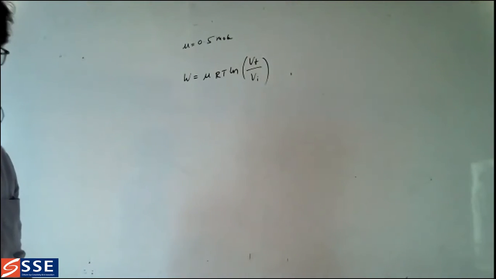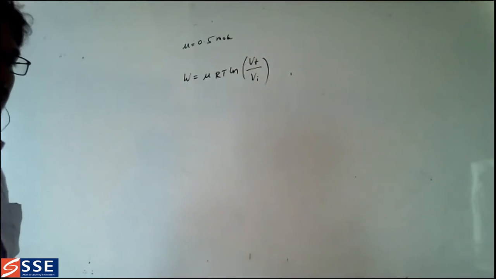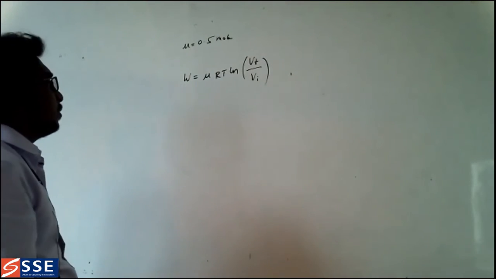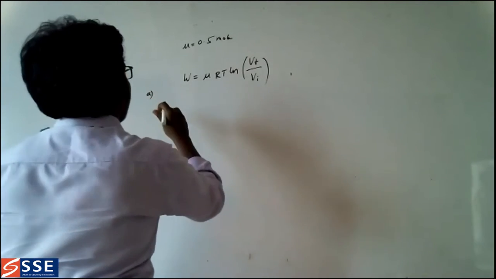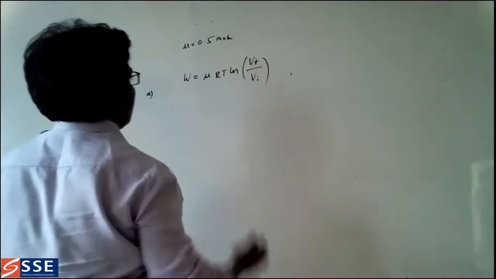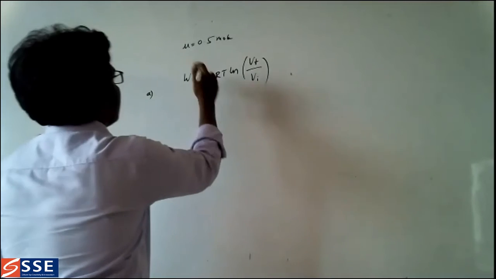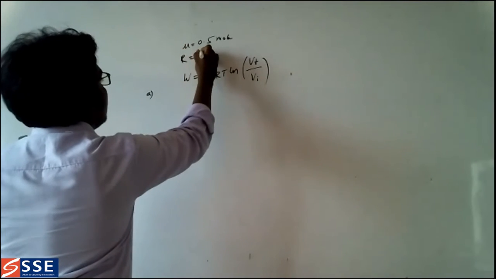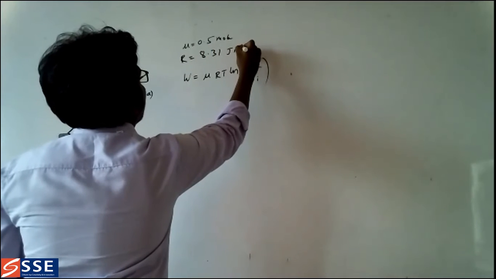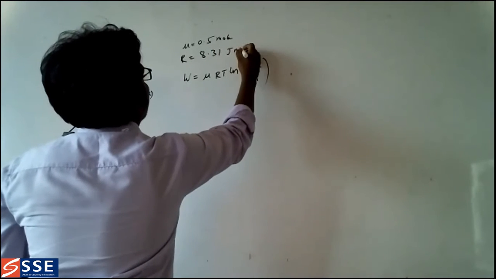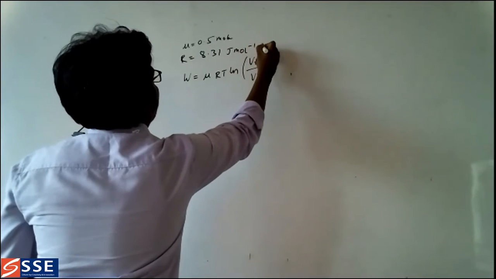Is it visible? So this is the formula to solve. First A we will solve. In A they gave mu is equal to this. The real gas constant they already gave: R is equal to 8.31 joule per mole per Kelvin.